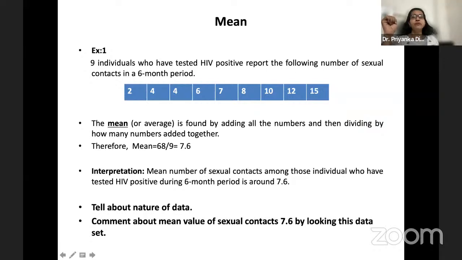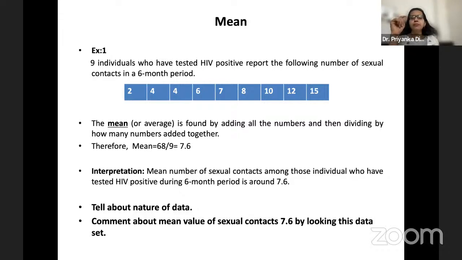I would appreciate it if you all can write one line of interpretation so that in future you can refer to it. Interpretation of mean: on an average, 9 individuals have reported 7.6 times sexual interaction during last 6 months.